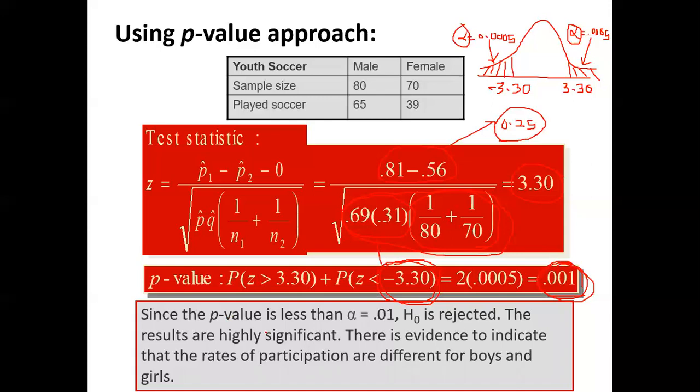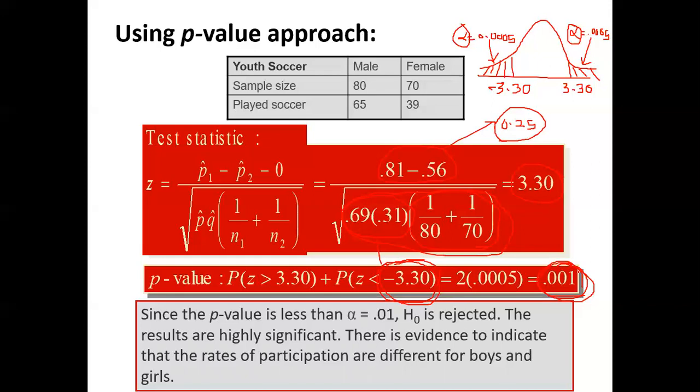So since the p-value is less than alpha 0.01, we are going to reject the H0. Because it is less than alpha, that must be a significant finding. When the results have a significant finding, we are going to reject the null hypothesis. So the H0 is rejected.